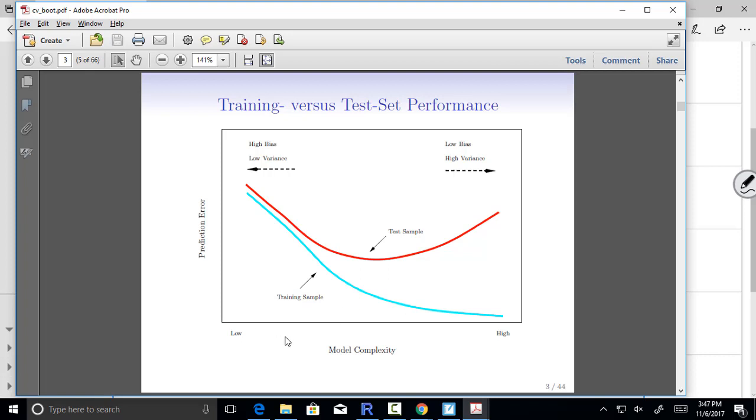For more and more complex models, which might be curvier models or functions or curvier surfaces, you will tend to get lower and lower training error. But beyond a certain point, you'll actually hurt the test error.